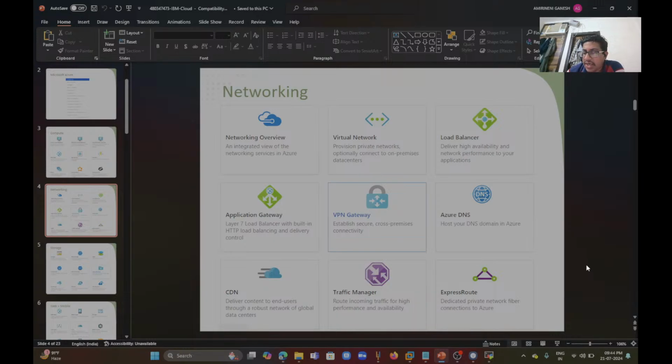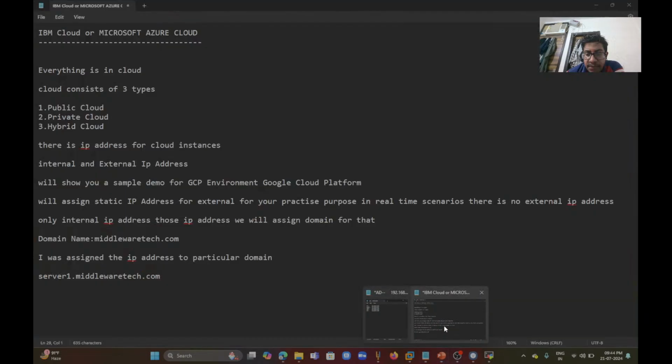There is one certification question for this. In IBM Cloud, I will write here.